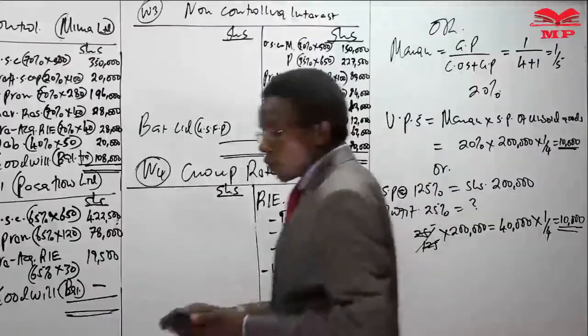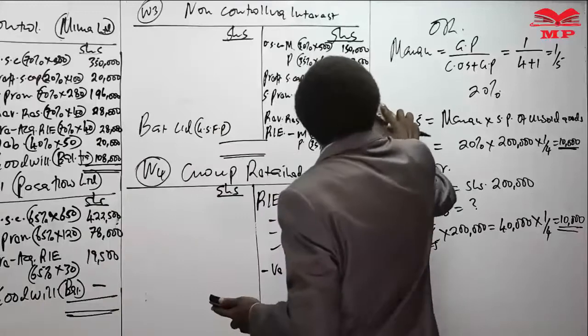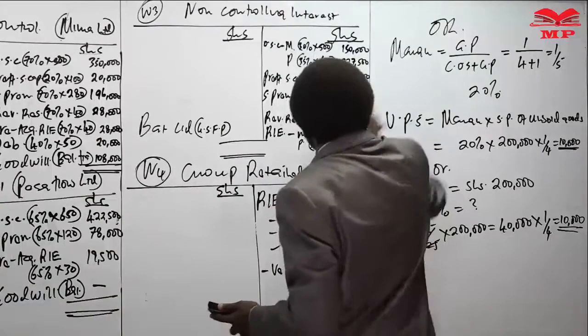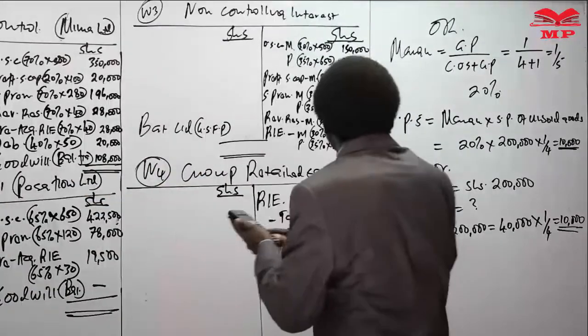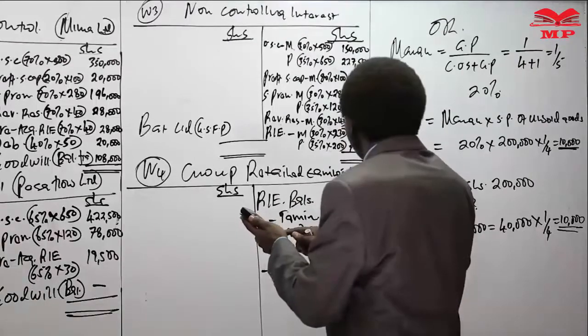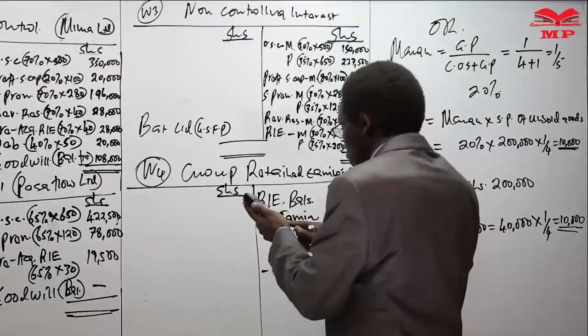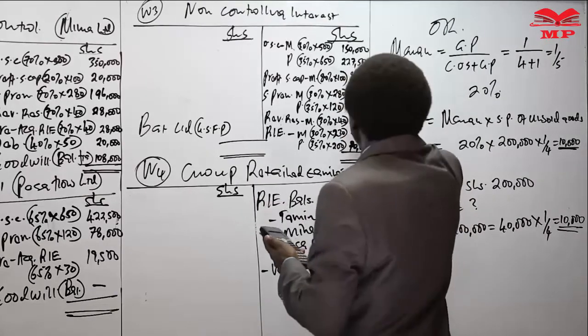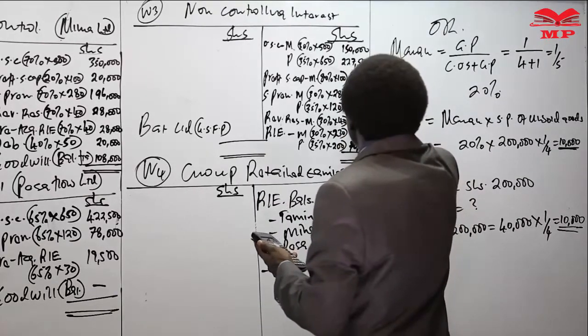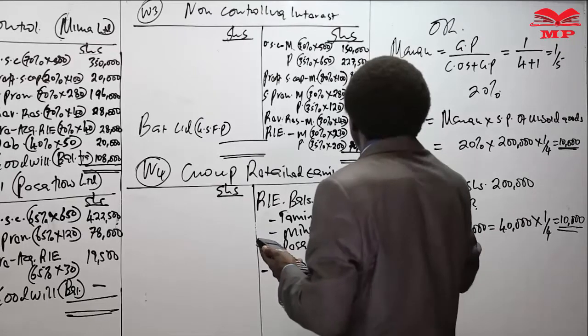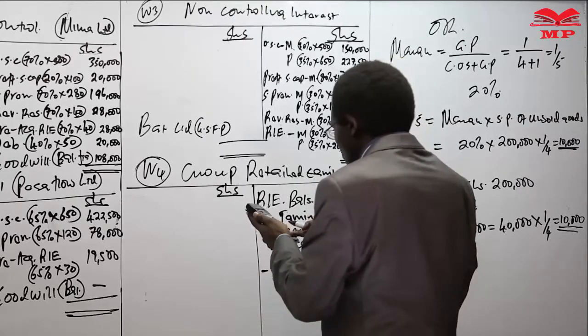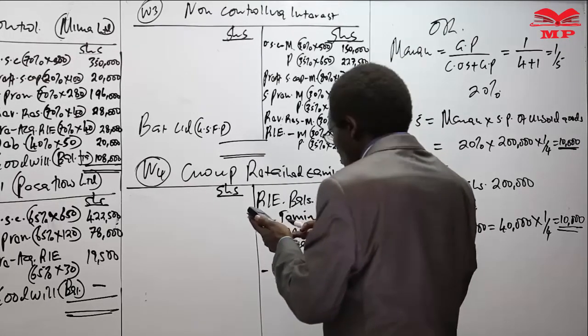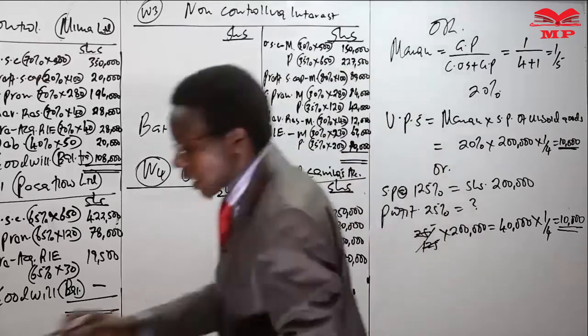Because of some ink here, let me write this correctly. The 5% of 120, we got it as 42,000. This one is also not doing well, so let me write it nicely.